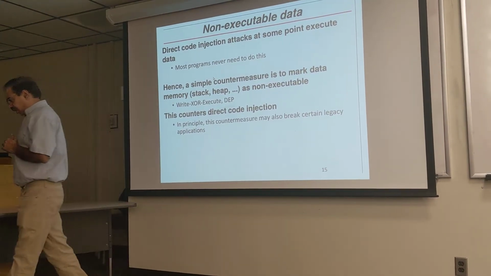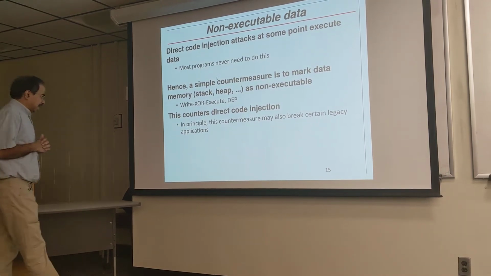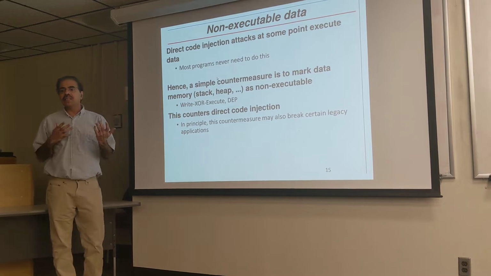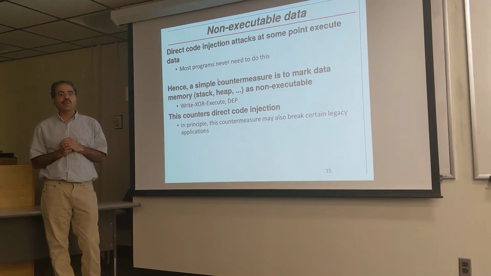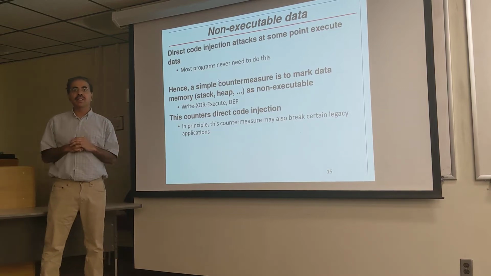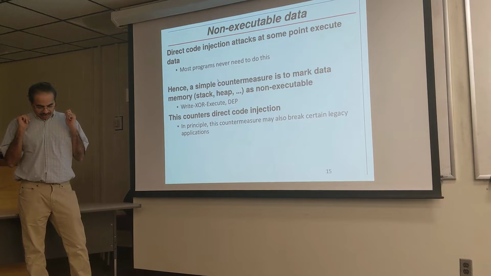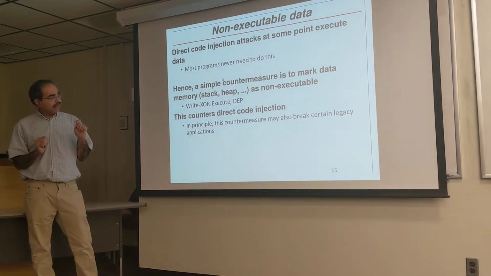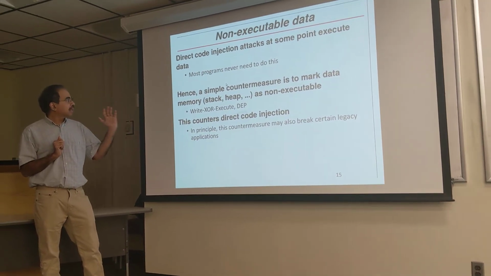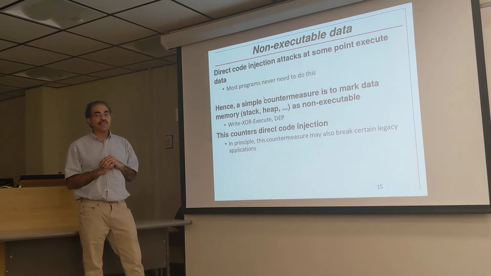About 15, 16 years ago, processors, specifically Intel processors, didn't have the ability to distinguish between writable and executable, right? So things that were writable were typically also left executable.